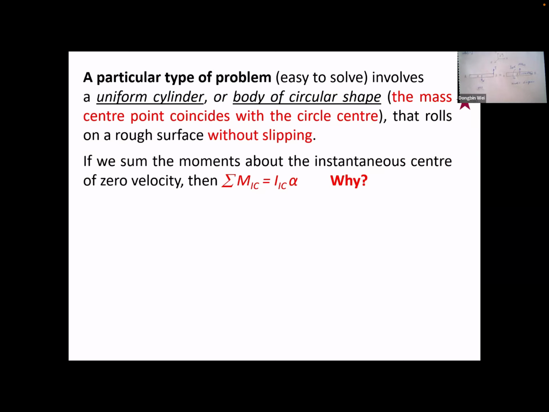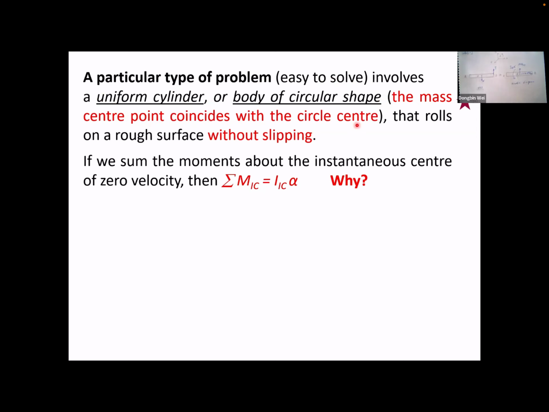In this kind of problem, we involve a uniform cylinder or a body of circular shape. The mass center point G of this uniform cylinder or body of circular shape must coincide with the circle center.